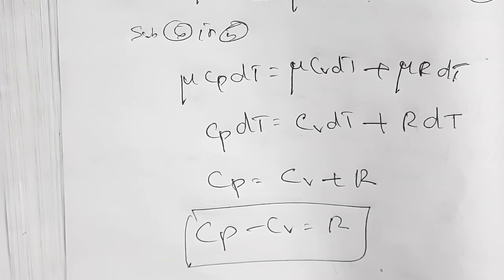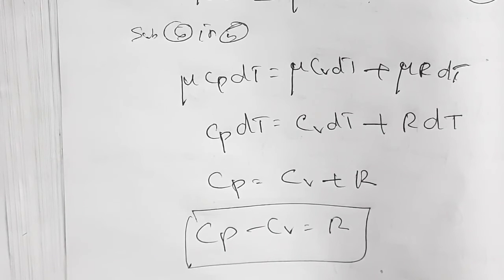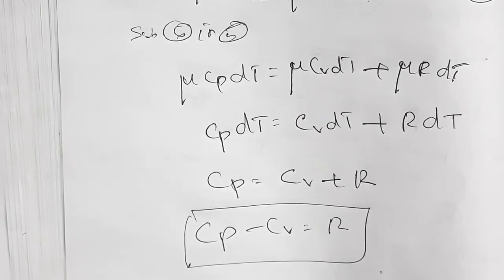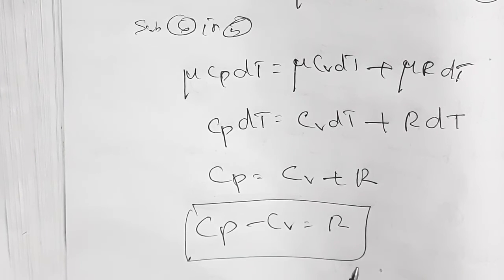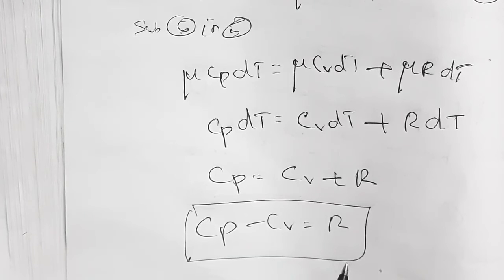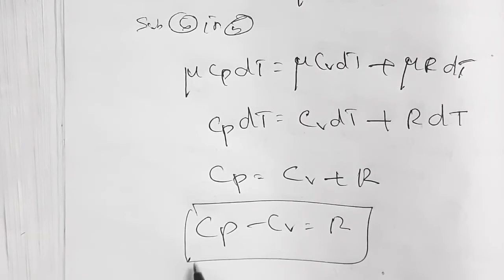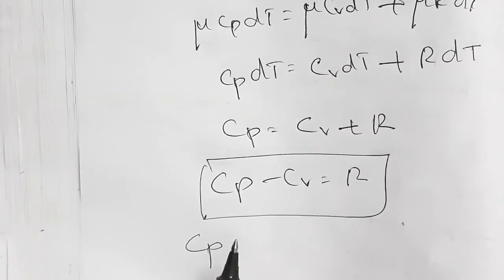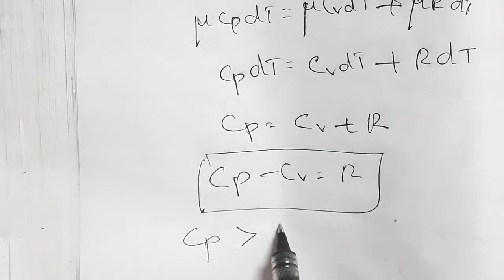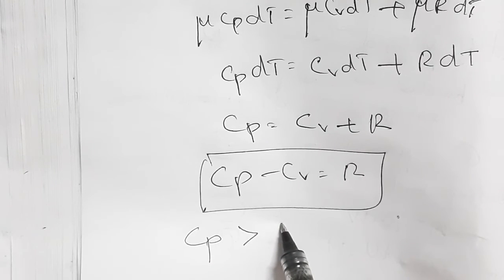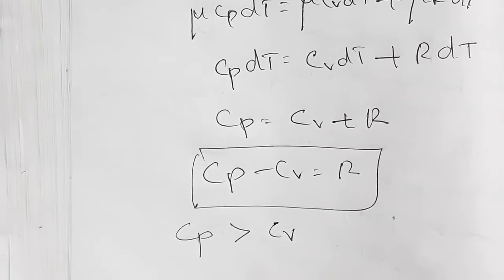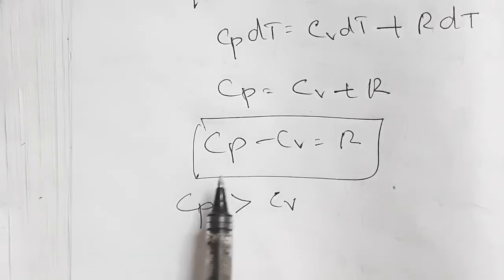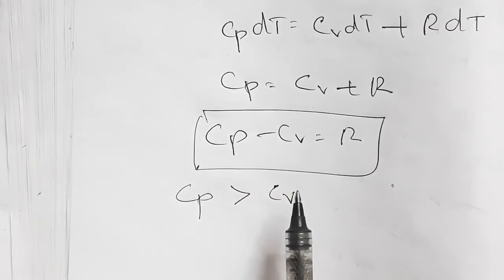From this we can understand that for an ideal gas, the molar specific heat capacity at constant pressure is greater than the molar specific heat capacity at constant volume, because Cp is equal to Cv plus R. Understand?